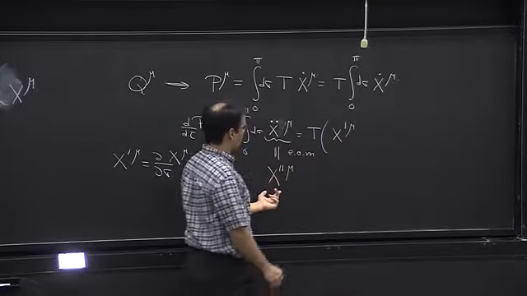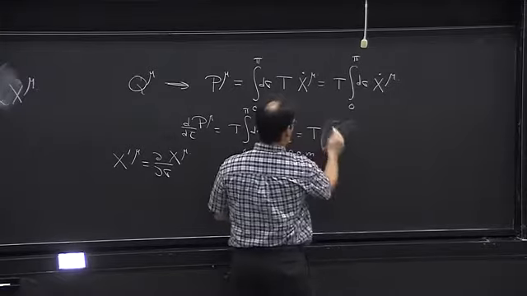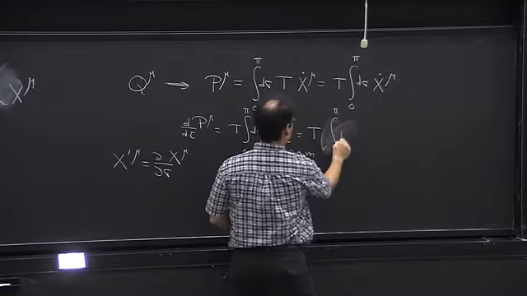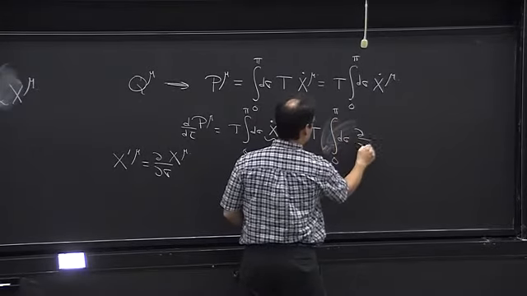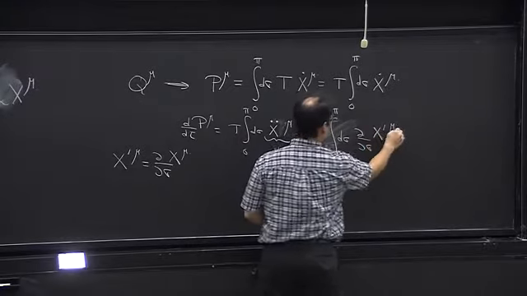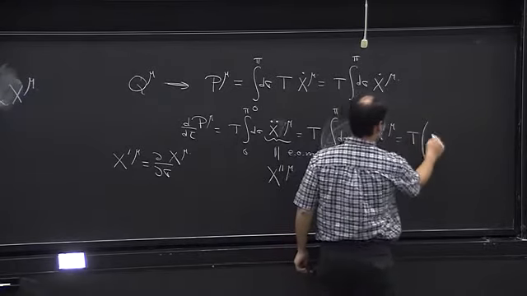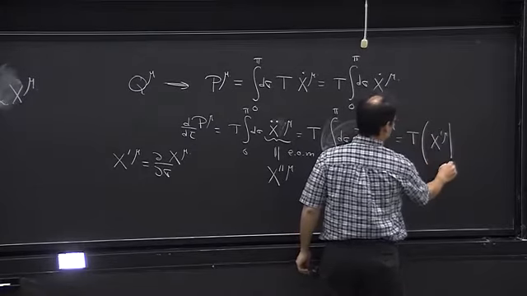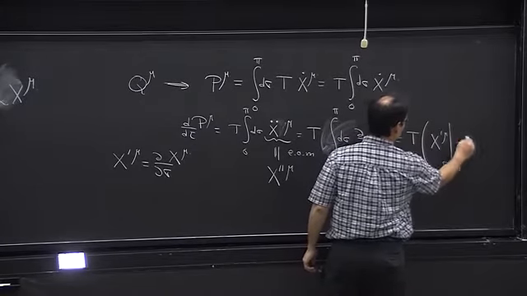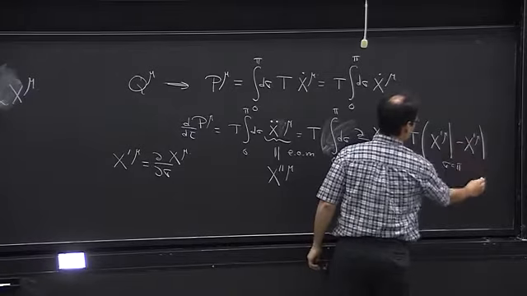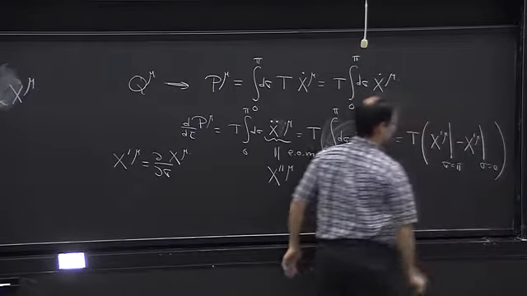So we can use one of the derivatives to carry out the integration, and we get T of x prime mu at sigma equals pi minus x prime mu at sigma equals 0.